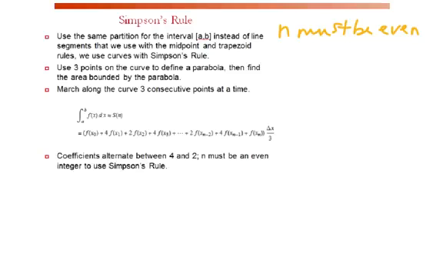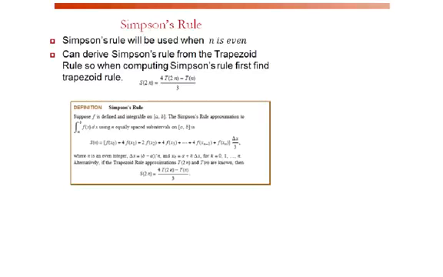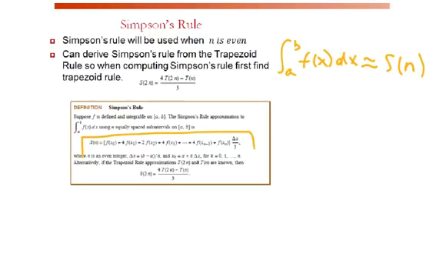Now, the rule itself, you really do need to recognize a pattern. Right, you're approximating with Simpson's of n. So the rule for Simpson's is right here. And you'll notice that your coefficients start out with f of a. So let me paraphrase it a little bit here for you. This is really f of a for the first point.